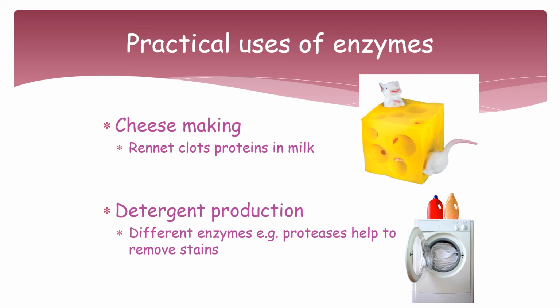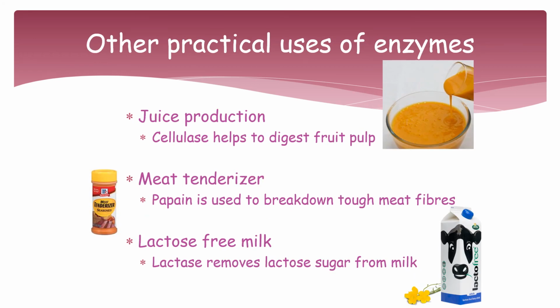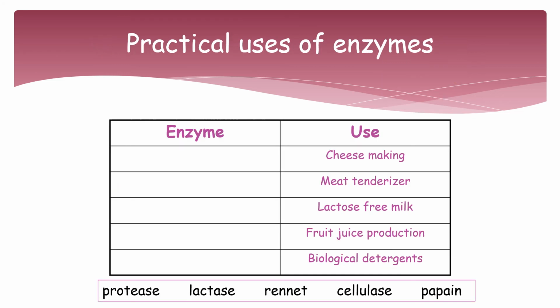That's why they can speed up the chemical reactions, and you can use them at lower temperatures, so it's good for the environment. We've got cellulase, which helps to digest fruit pulp, which helps in juice production. You've got papain, which is used to break down tough meats and fibres, in meat tenderization. And we've got lactase, which removes lactose sugar from milk, so it gives you lactose-free milk.